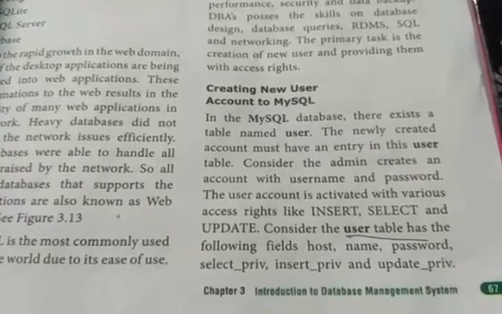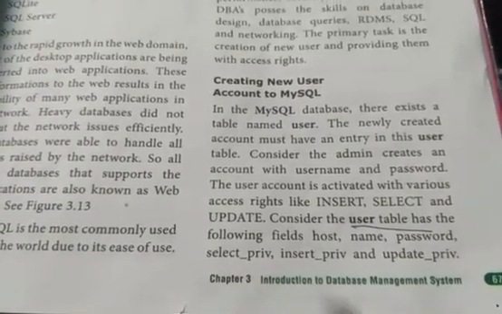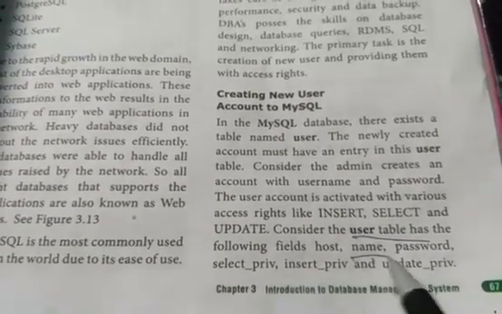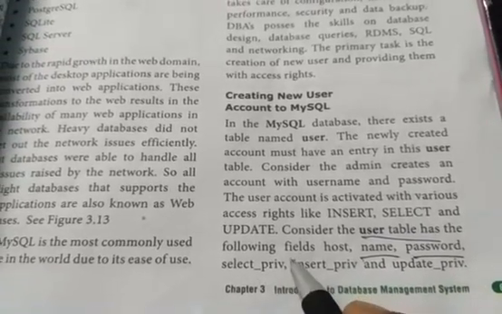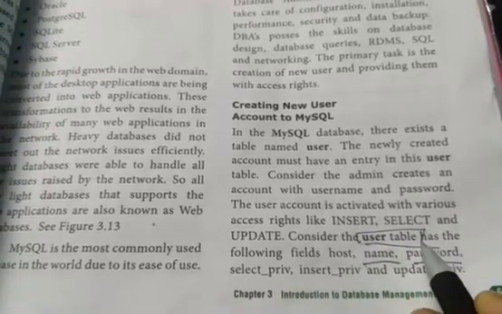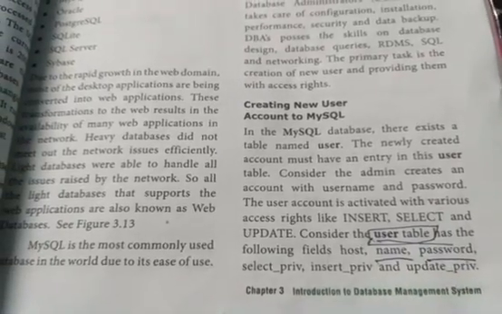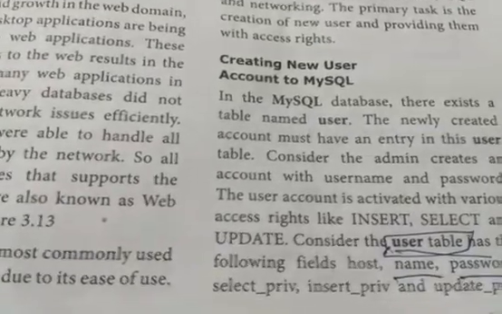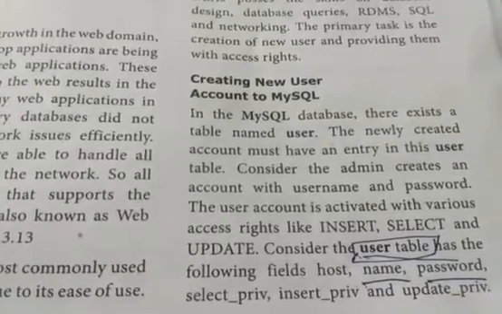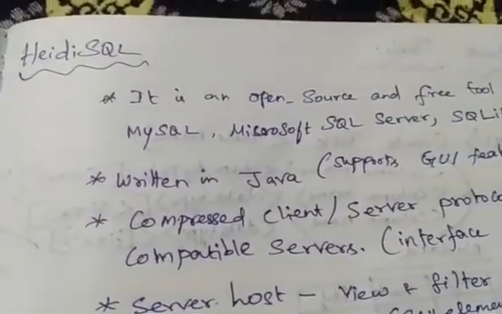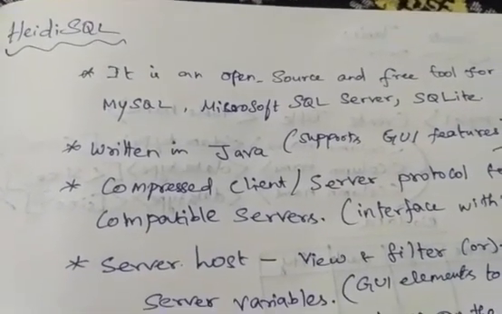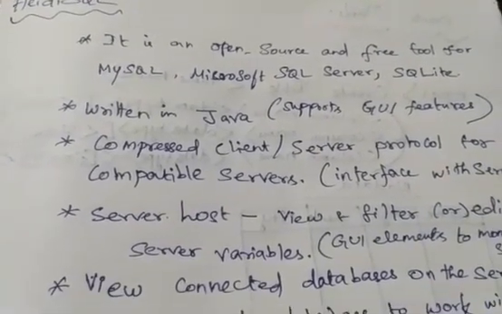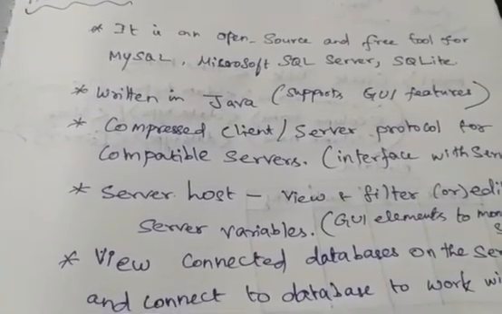How many users? 5 users. Now all the 5 user details, name, password, everything is stored in the user table, and these processes are handled by the MySQL server, and this account handling is also managed by HeidiSQL. So HeidiSQL is used to connect to the databases on the server, and it is also used to create the tables, and to fetch the data with the help of some commands.